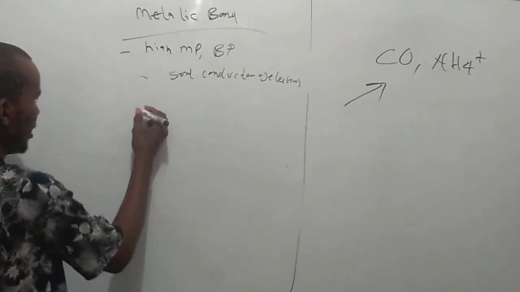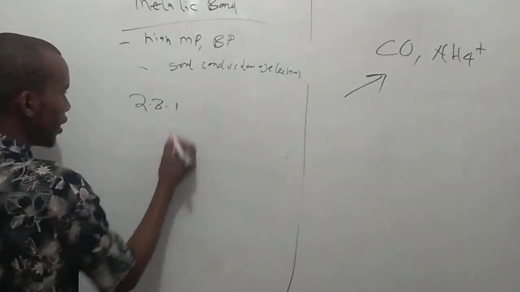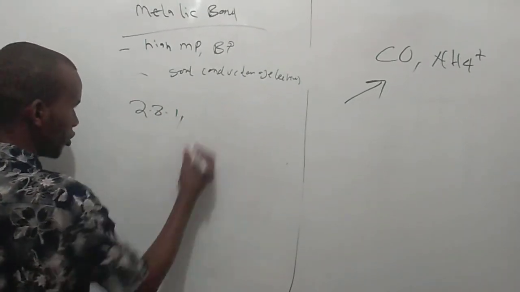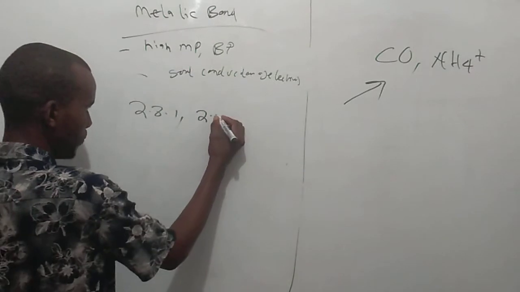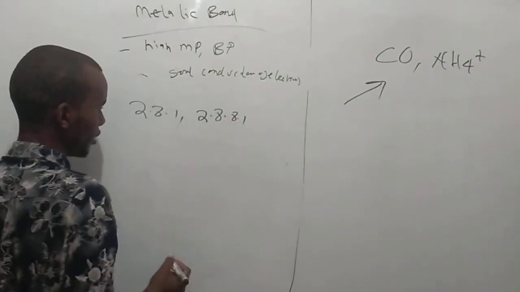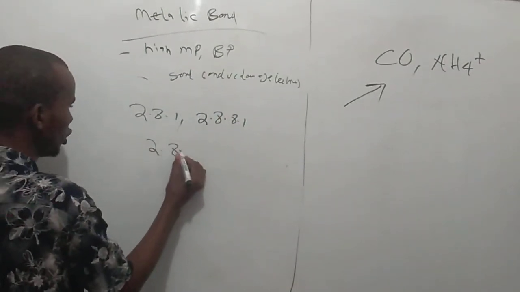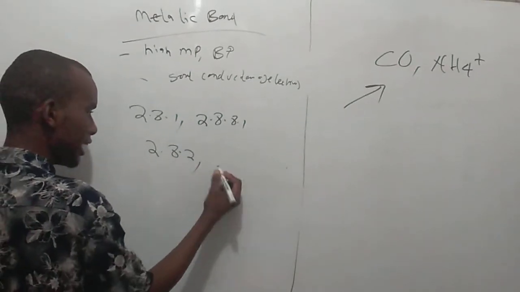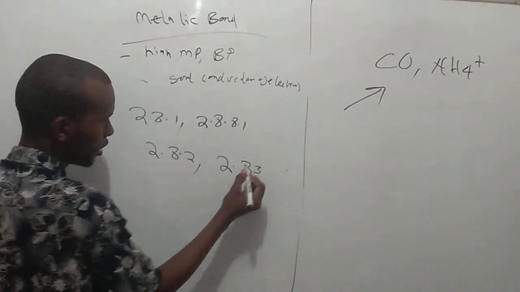If you look at sodium, 2,8,1, these are delocalized valence electrons. If you look at potassium, 2,8,8,1, calcium, 2,8,2, aluminium, 2,8,3.